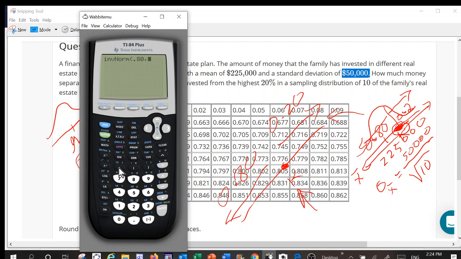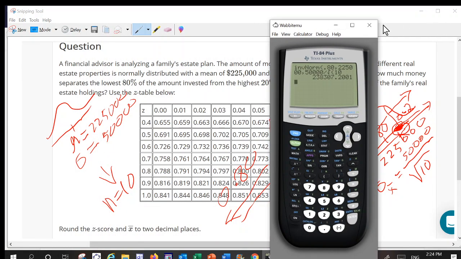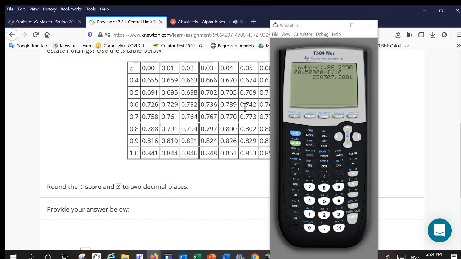And then what is the mean of this distribution? 225,000. And what's the standard deviation? 50,000 divided by square root of 10. So what's that number? $238,307.20.